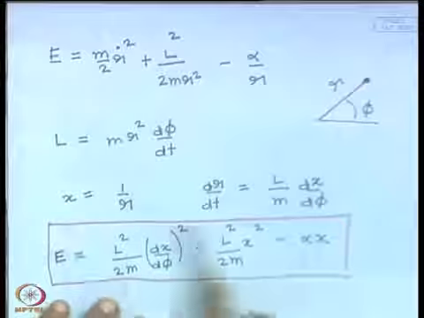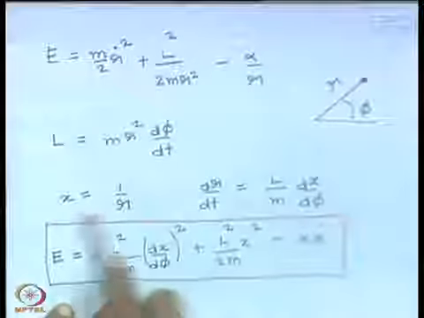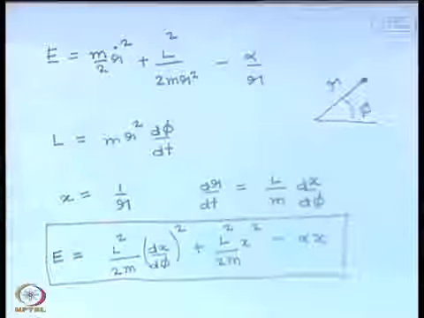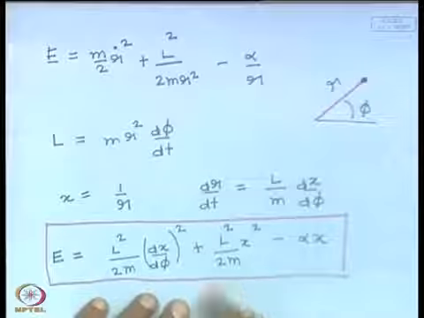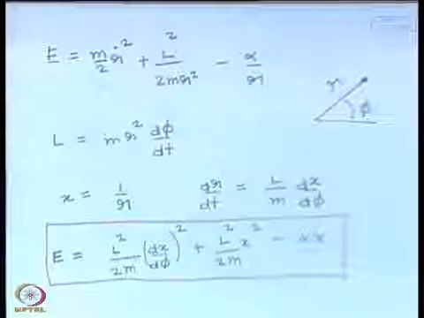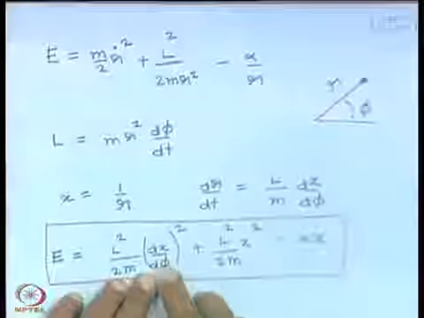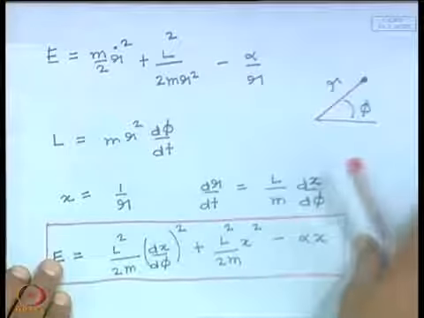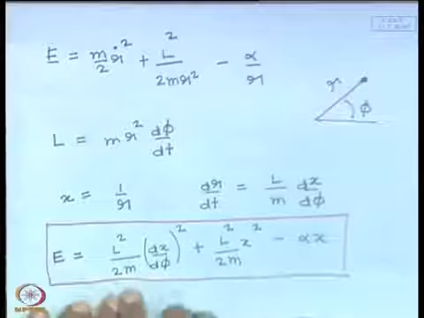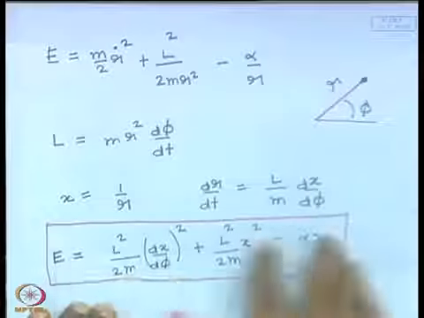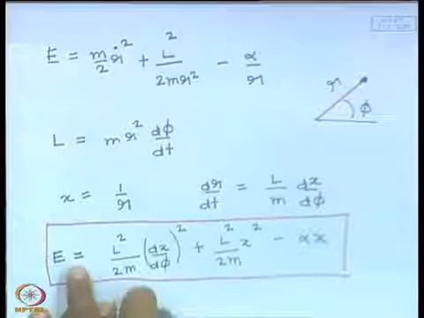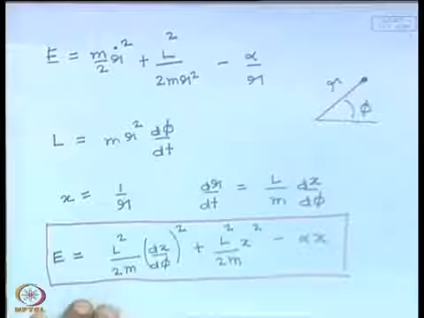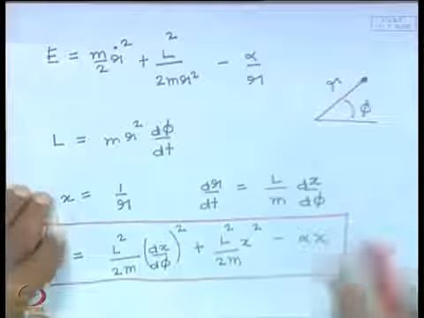You can see that solving this is quite straightforward. So, what we can do is we can take all the terms involving x onto one side. Okay, let me just write down this equation in a convenient way. What we will do is we will multiply this whole equation with 2m by L square.